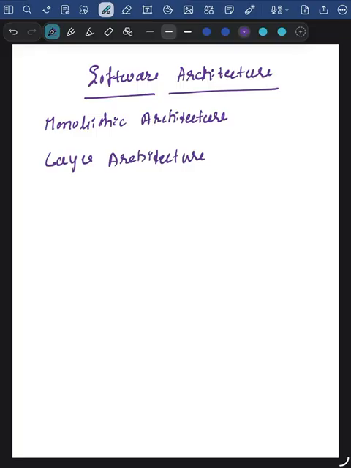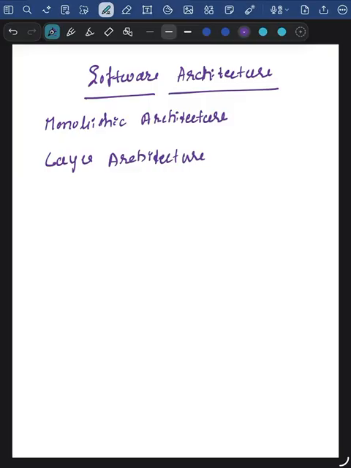Example, when there is a system, it has a presentation layer which deals with the UI, user interface, how user sees the system, what all options we are providing to that presentation layer. There is a business layer where the business core logic resides, and there is a data layer, right, where we store the data. So here we have separated the concerns into layers. Okay, this is layered architecture.